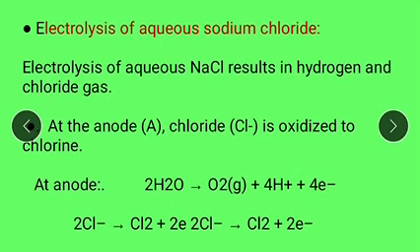At the same time, the chloride ions lose electrons and convert into Cl2 gas.